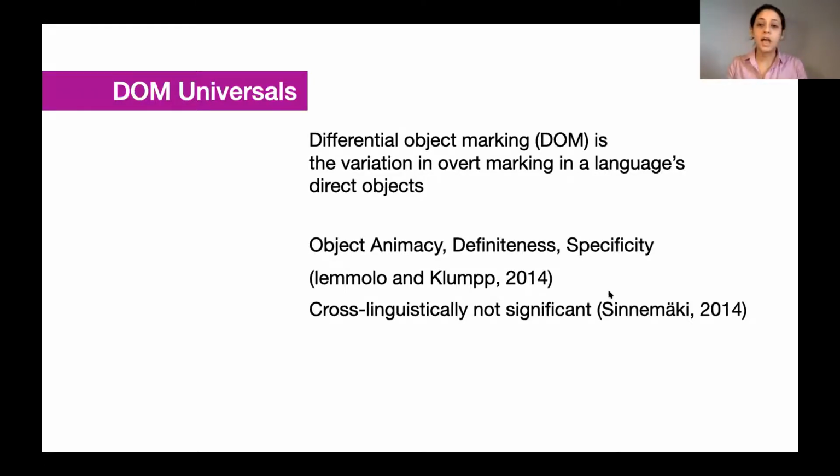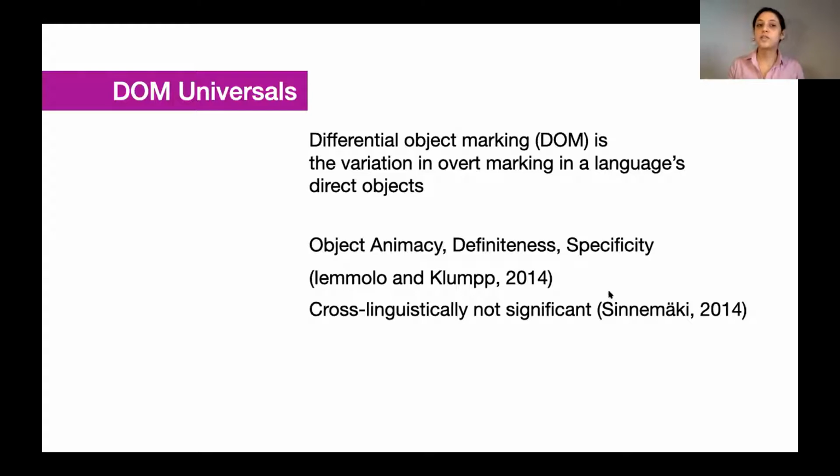That said, he does find that there is a tendency in the world's languages to have DOM, to have differential object marking than not. So it is more common to find a language that has differential object marking than a language that does not have differential object marking.